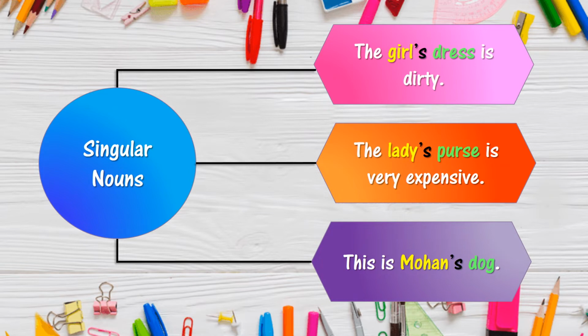Notice an apostrophe S is added to them so that it becomes the girl's dress, the lady's purse, and Mohan's dog. So when the noun is singular, children, we form the possessive form by adding apostrophe S.